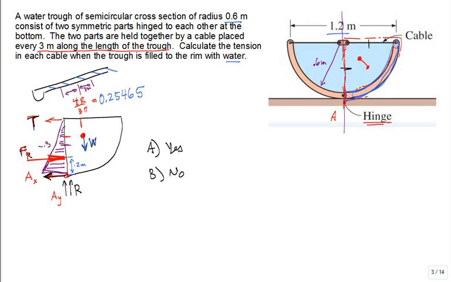I would say the wall has weight, just like the water has weight. So I'd say, okay, I'm going to introduce the wall weight instead of the water weight. And where would I put that on my free body diagram? From symmetry, you'd put it right here in the middle.